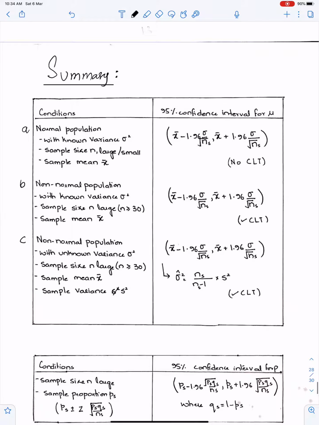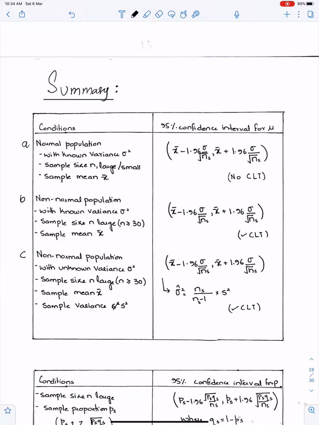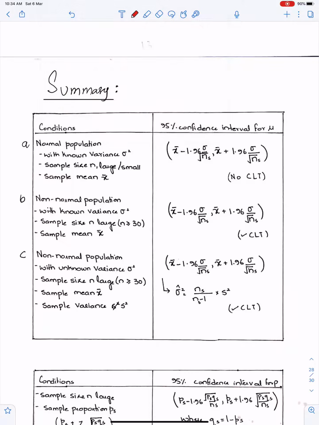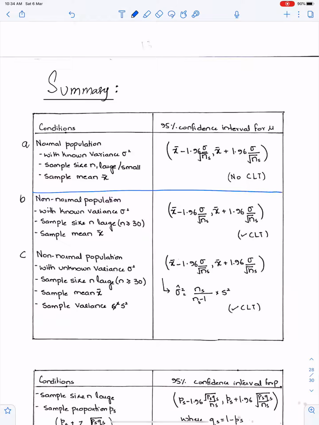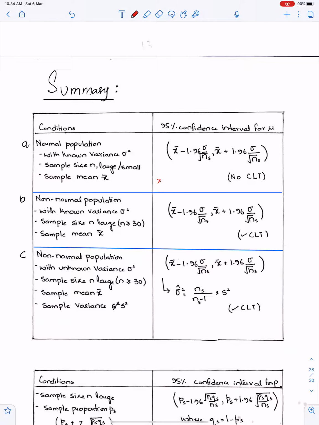So for case A, the formula should be, I'm writing this with a different pen, red pen. Let me first separate these three cases. Now I'm writing the formulas here. So x bar plus minus z sigma over root n.